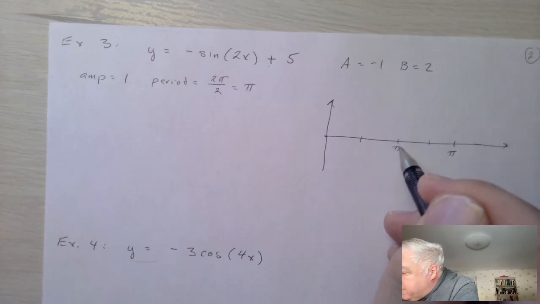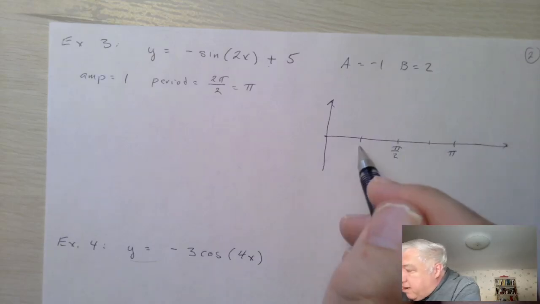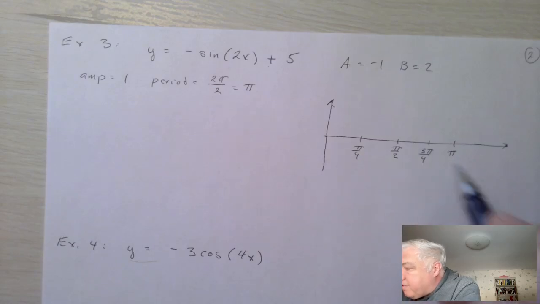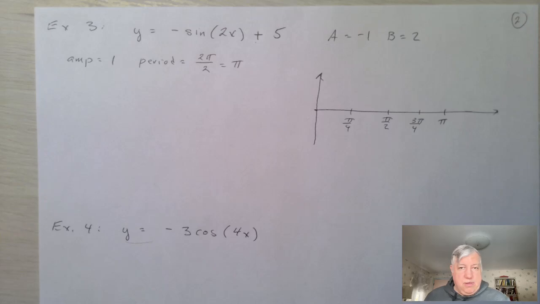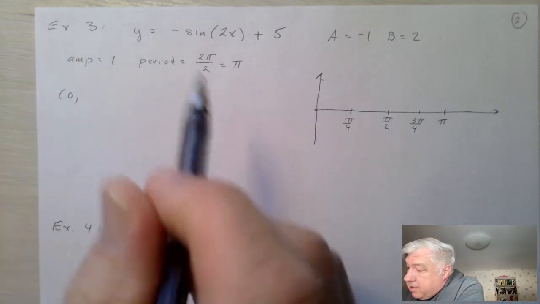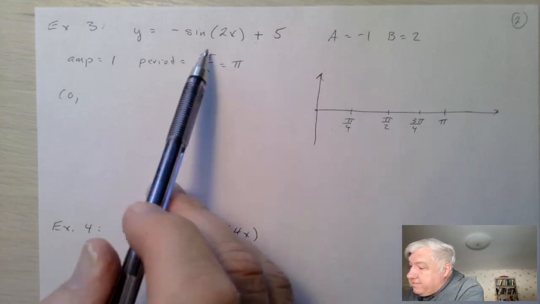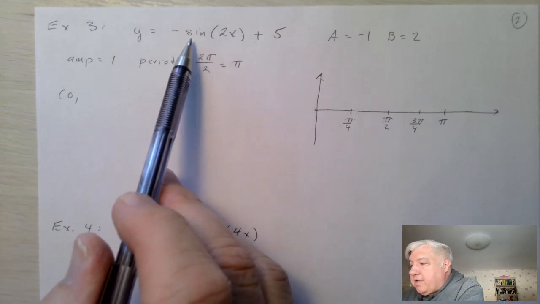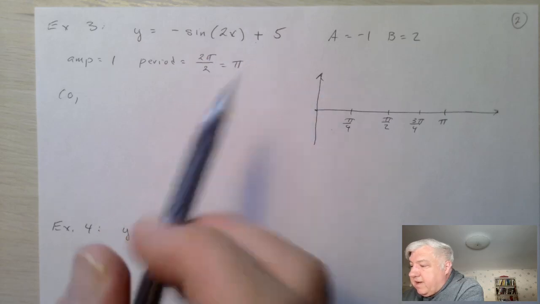Here's pi over 2. Half of that is pi over 4. And then you can check this has to be 3 pi over 4. Okay. And when x is 0, you plug that in here, and you'll get the negative sine of 0. So that's -0. That's 0 plus 5 is 5.